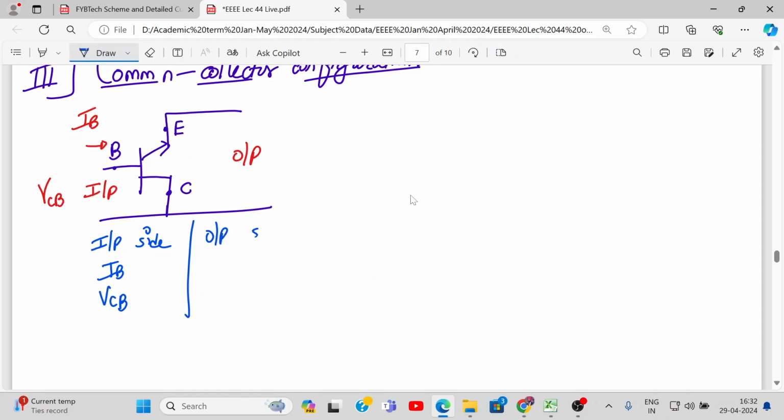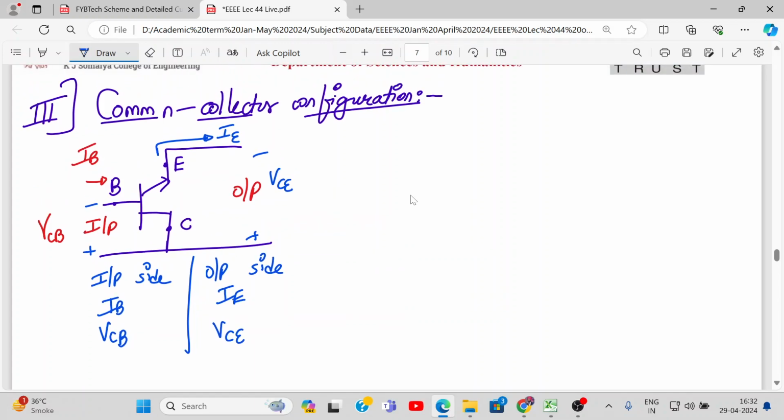What about the output side? Output voltage is VCE, output current is IE. This is the output current, and this is VCE, this is VCB.